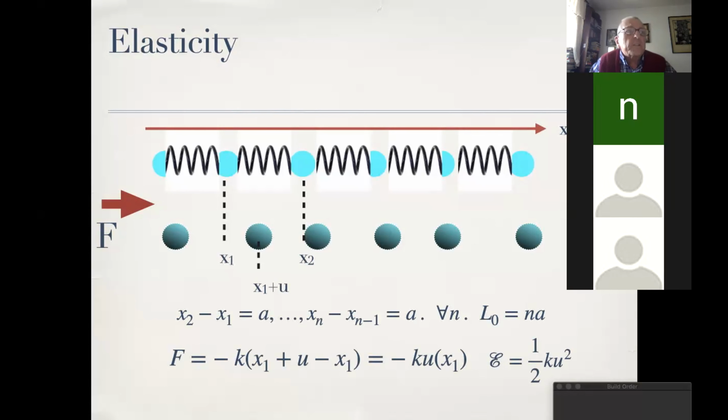So if I have a displacement u, then it is an exercise in elementary calculation to show that the total energy of that displacement is 1/2 of a coefficient K times u squared.